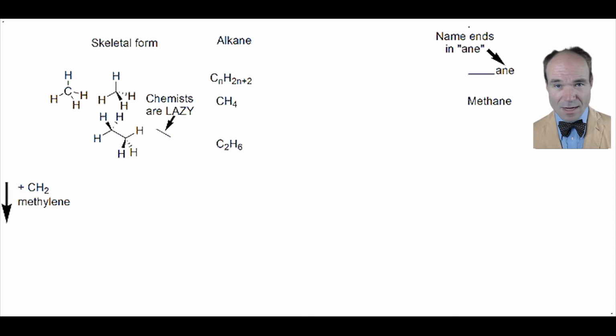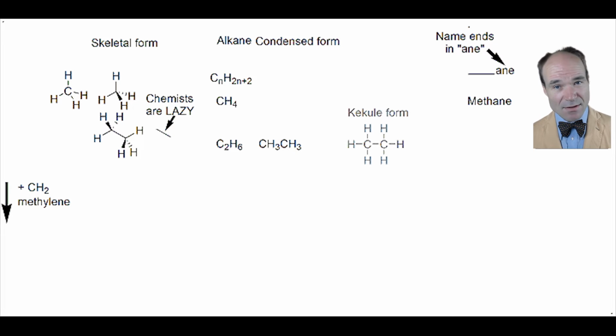Right now, we are writing C2, and I don't know what each individual carbon's involved in. We can. Here is the condensed form. It's CH3 and CH3. So we are showing what each carbon is bonded to. If we extend that condensed form and draw the bonds in between each atom, we arrive at the Kekule form.